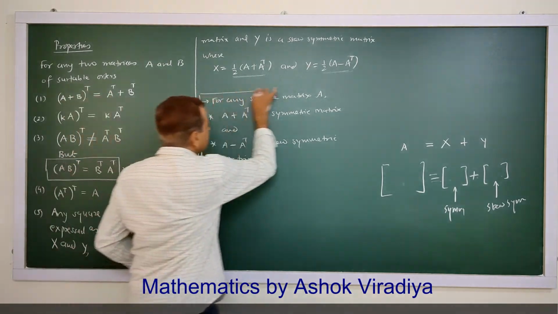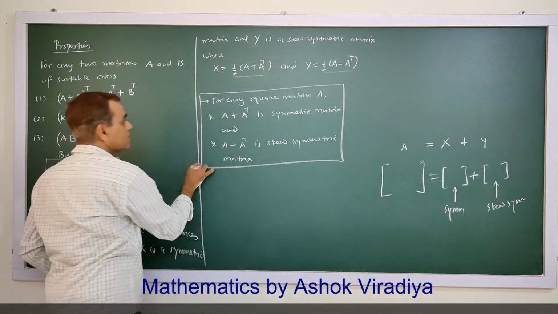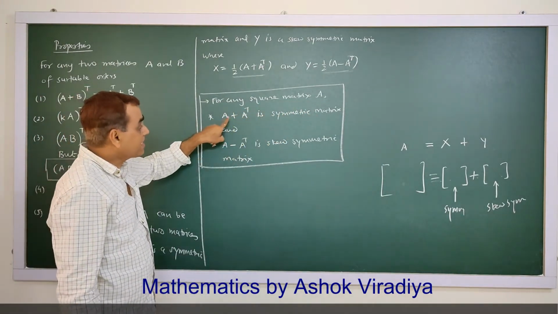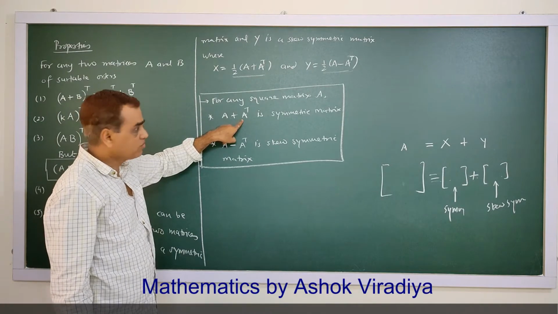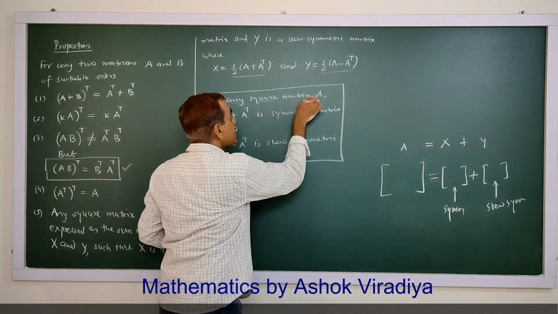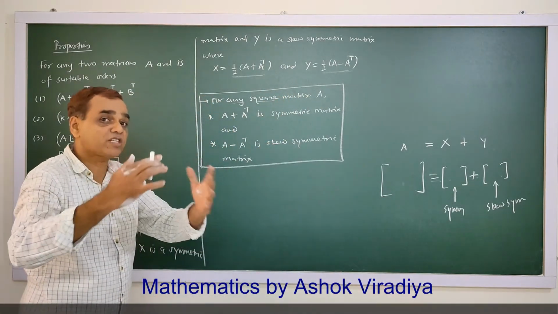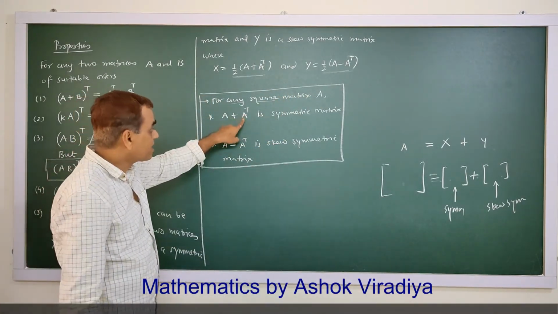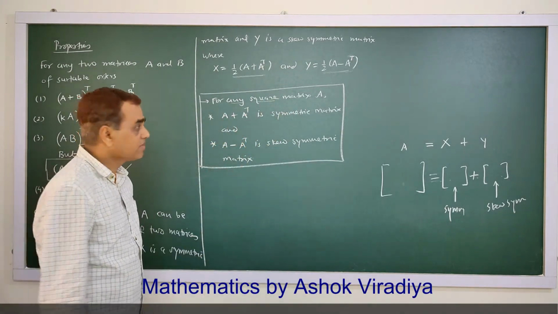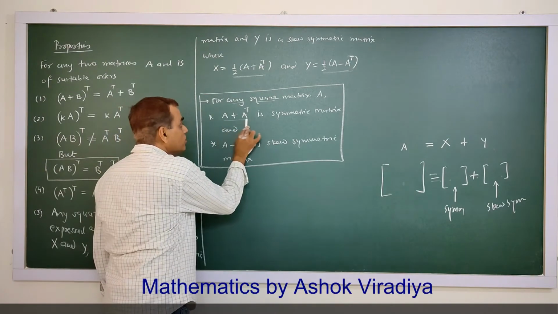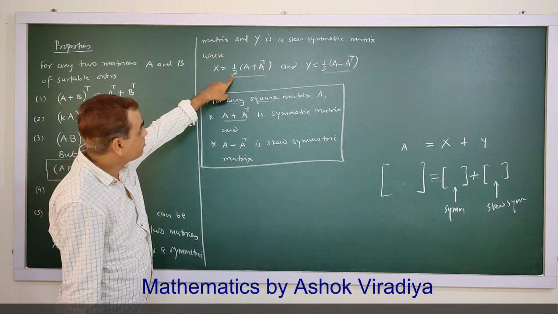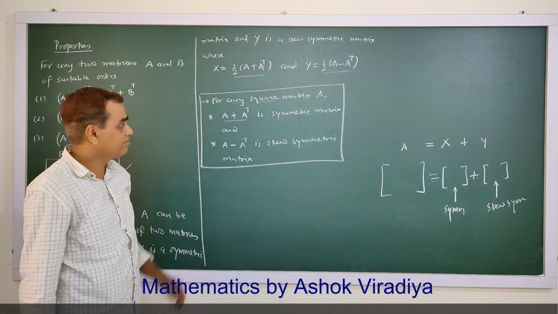Any square matrix A is given. In that matrix, if you add its transpose, see, this is any square matrix, whether it is symmetric or not symmetric. But if you add its transpose, then the new matrix is always symmetric. And to this symmetric matrix, if you multiply 1 by 2, it remains symmetric.